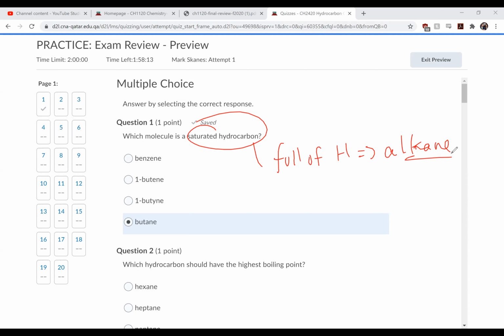Unsaturated hydrocarbons would be alkenes, alkynes, and aromatics. So benzene is an aromatic, butene is an alkene, butyne is an alkyne, butane is an alkane. So butane is saturated, which means full of hydrogens.